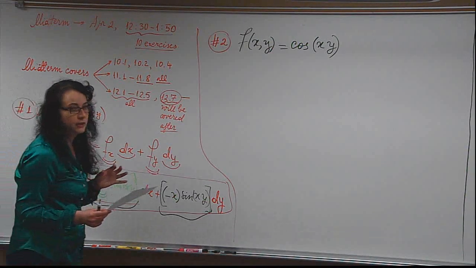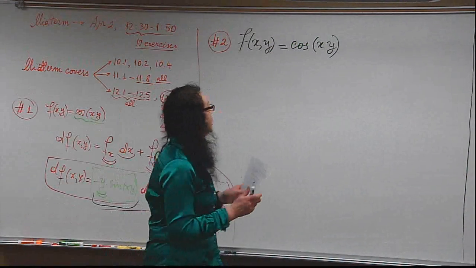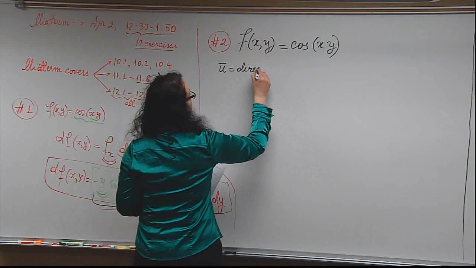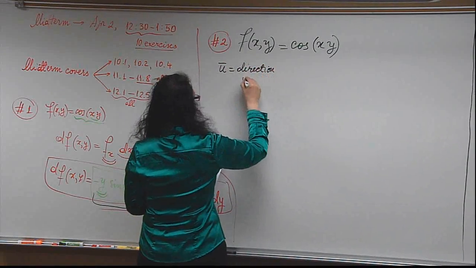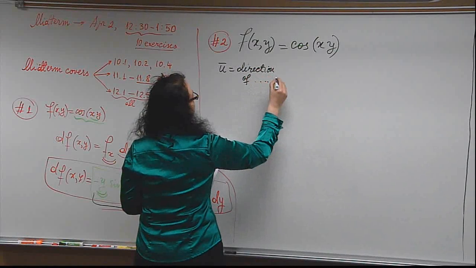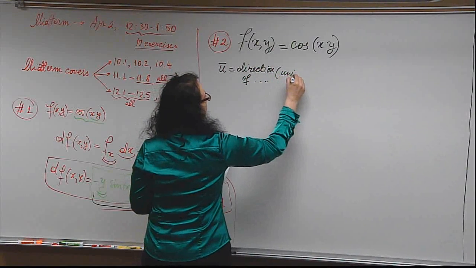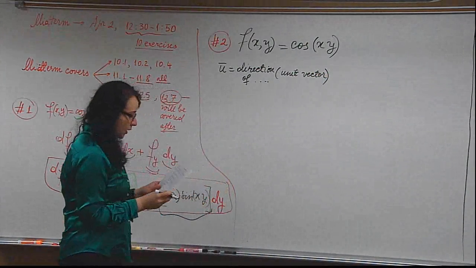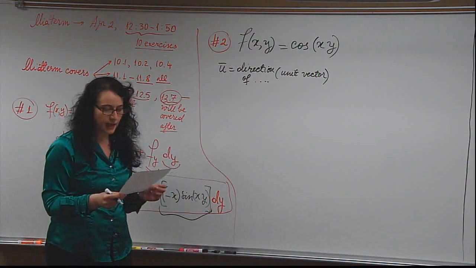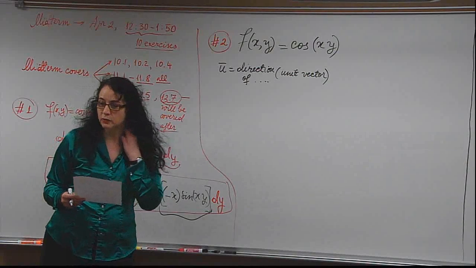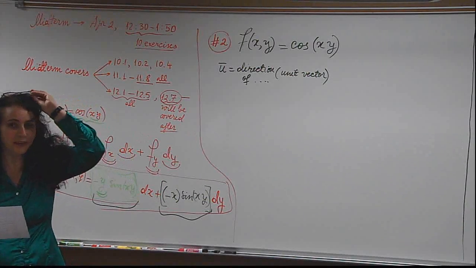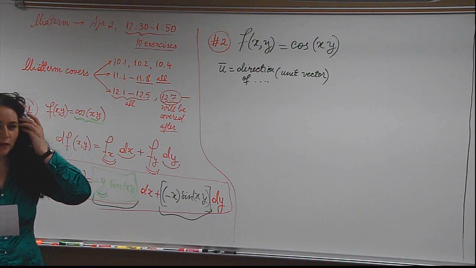In the direction, and by direction we mean unit vector. Direction of something means unit vector. What direction do they say? The highest ascent. Well, so this problem is walking you through the whole chapter 11 by testing what you understood.